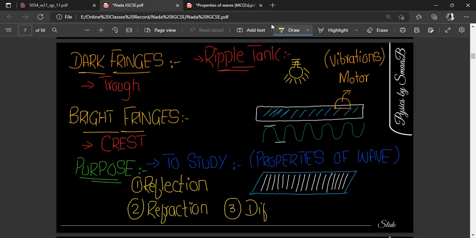Okay, so these are three basic properties of waves: reflection, diffraction, and refraction.